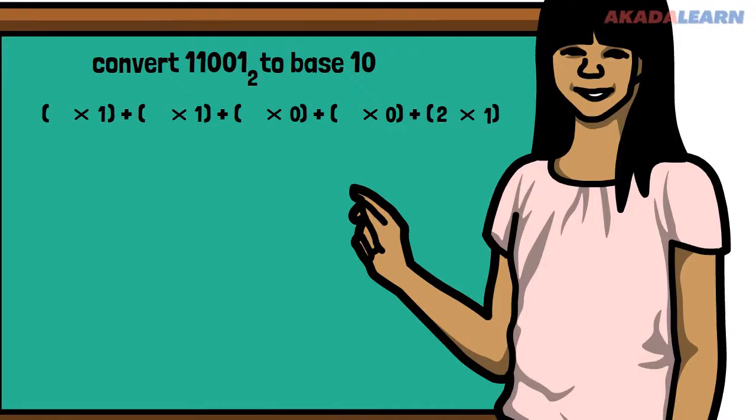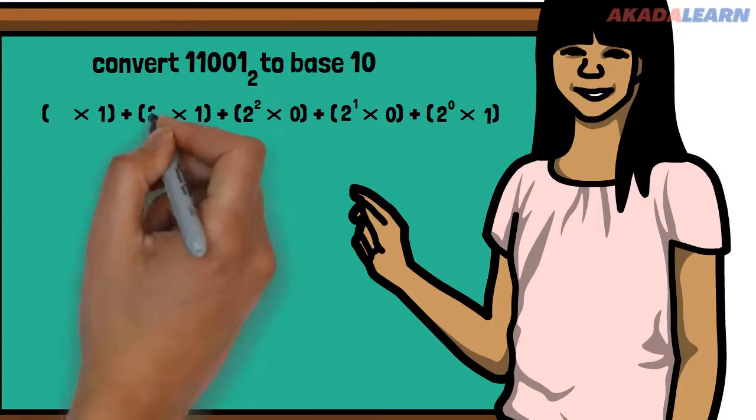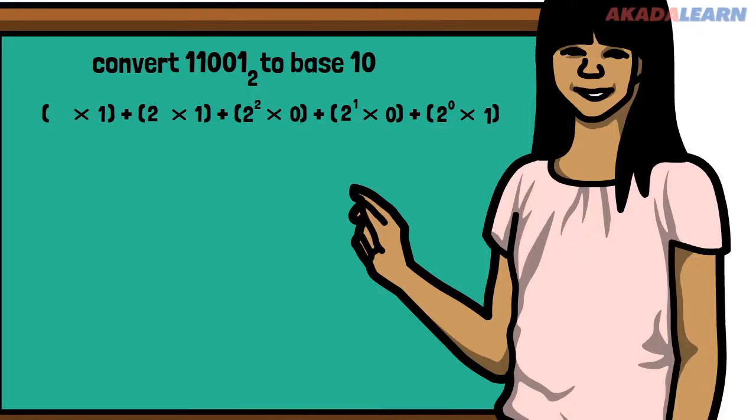So from the right to the left, let's start with 2 raised to the power 0. The next one 2 raised to the power 1. Next one 2 raised to the power 2. Next 2 raised to the power 3. And finally we have 2 raised to the power 4.